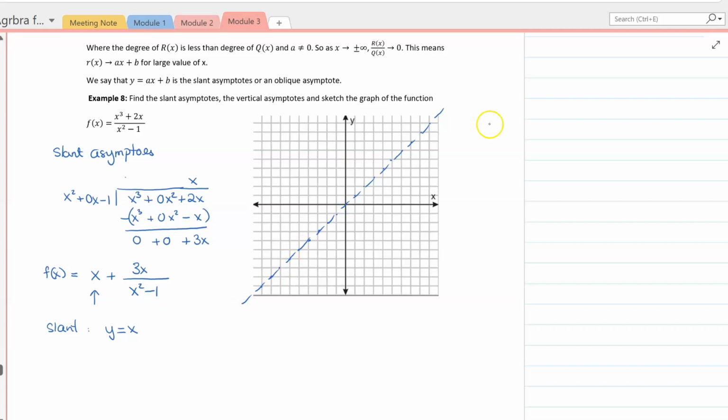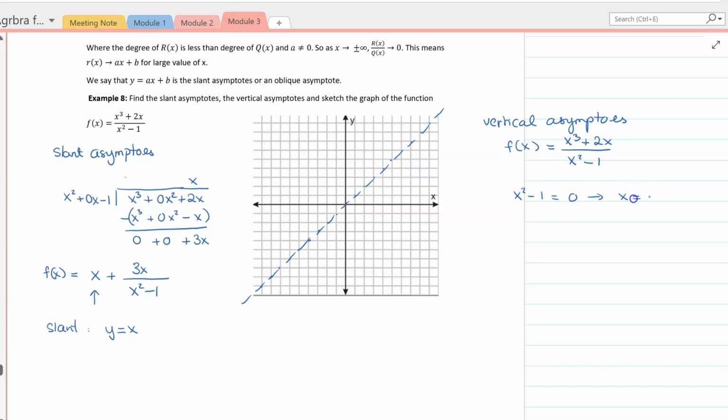Okay. So let's talk about the vertical asymptote. The function is f of x equal to x to the third plus 2x divided by x squared minus 1. For the vertical asymptote, we take the denominator and set it equal to 0.